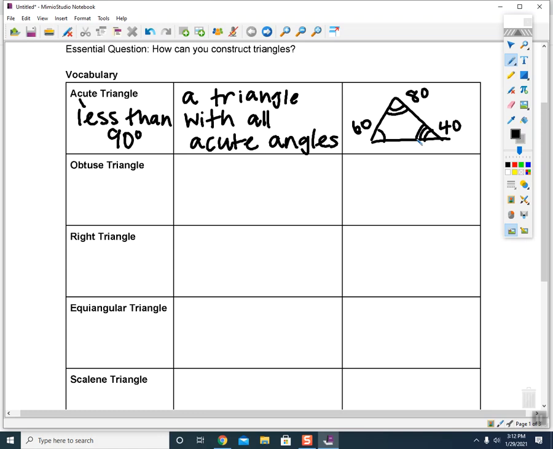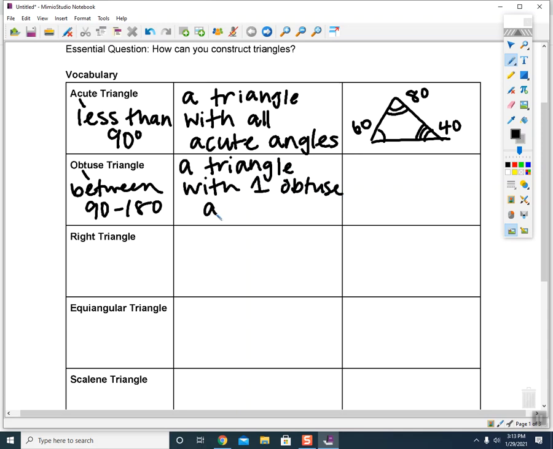Have an obtuse triangle. Obtuse means that it's between 90 and 180, right? So it's greater than 90 degrees but less than 180 degrees. An obtuse triangle is a triangle with one obtuse angle.